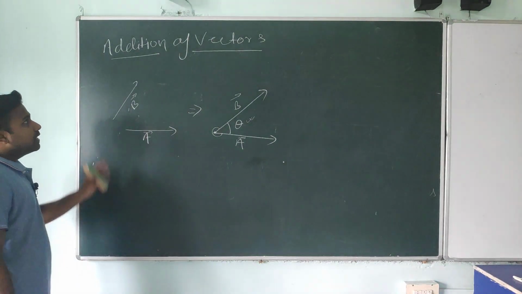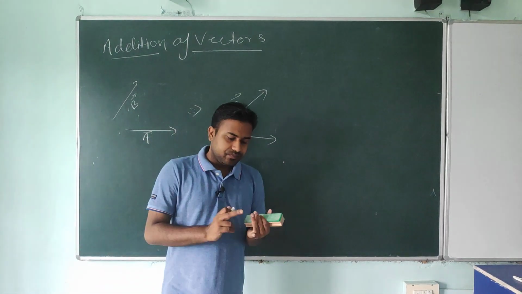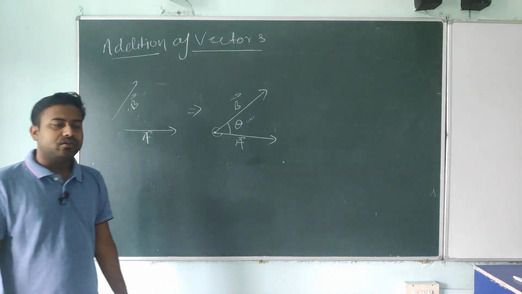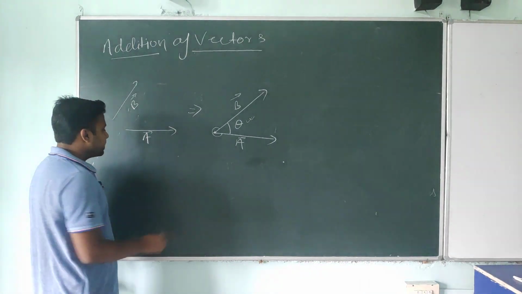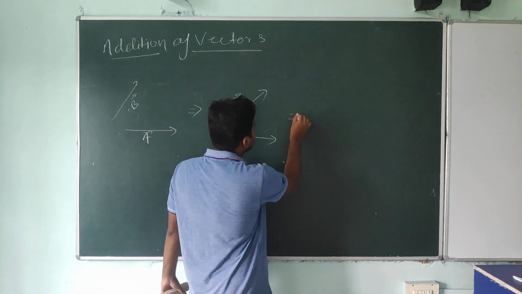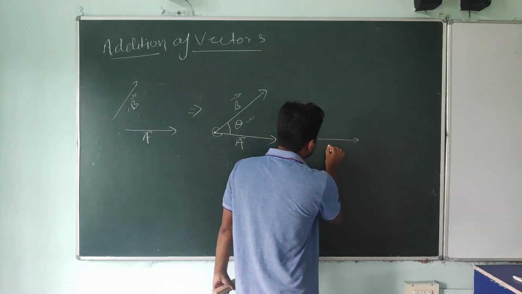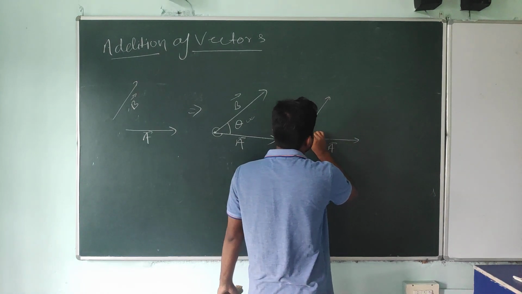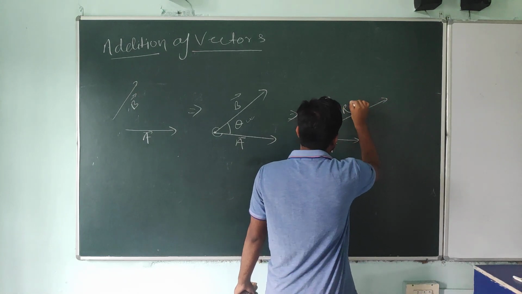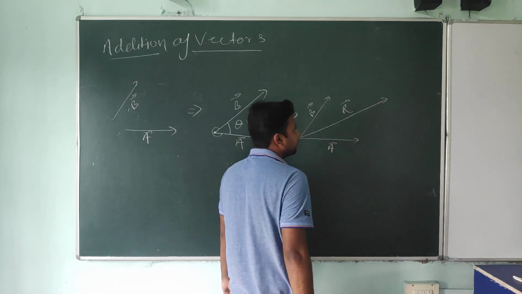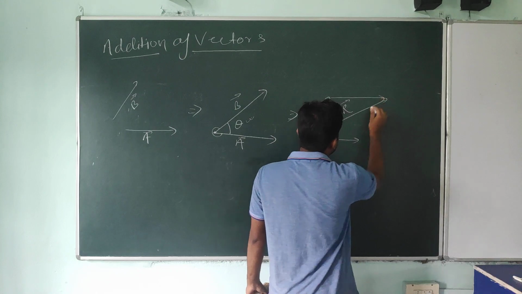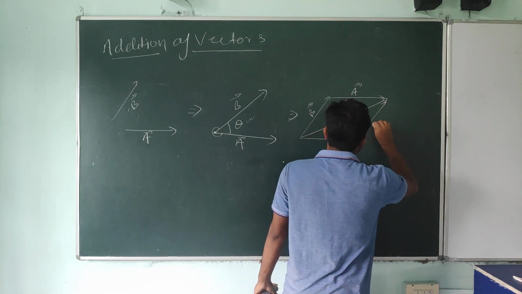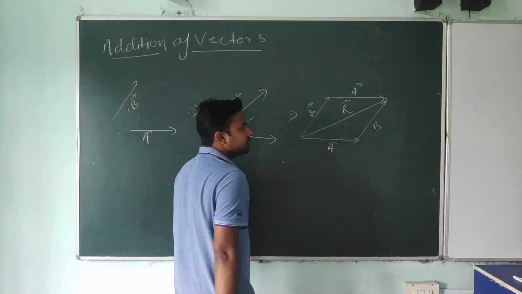Now you can add two vectors using the triangle law and the parallelogram law. Look at this, what I told you in the last lecture. If this one is the A vector and this one is the B vector, here is the resultant vector you will get, this one. Here it is also the A vector and this one is the B vector, and a triangle is forming.